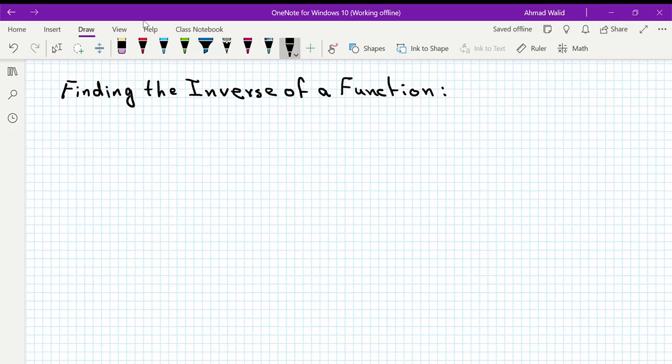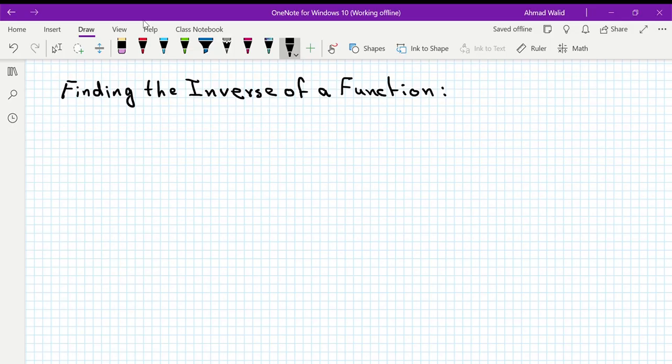If your function is not a one-to-one function, then you cannot find the inverse, correct? Only one-to-one functions have an inverse. That's why I discussed one-to-one functions at the beginning. Remember always, only one-to-one functions have an inverse.